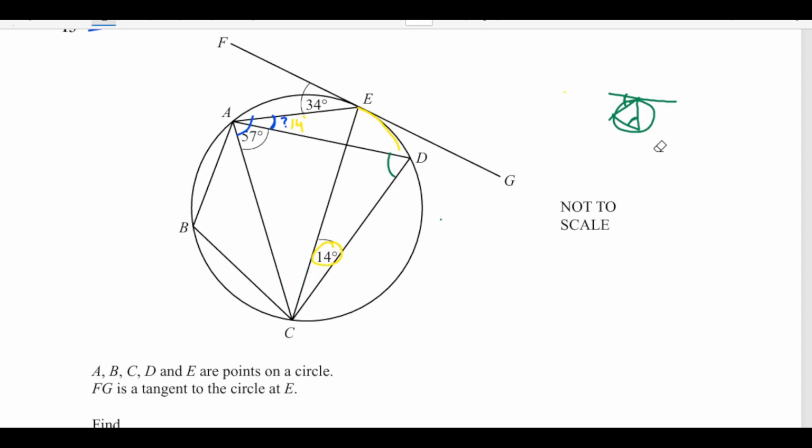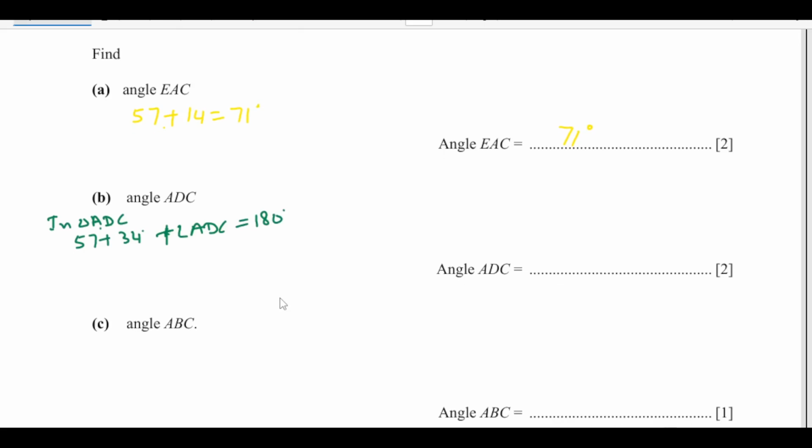This one is 34, sorry, up to this only, this is 34. So then we have to find out this total angle. This total angle is 34 plus 14. Now it's correct.